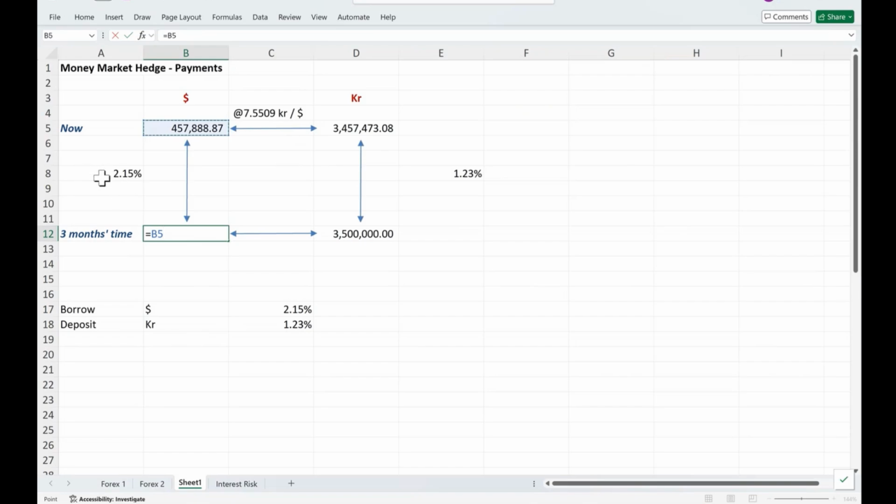Compounding means 102.15%, or 1 plus R. Simple. 102.15%, or if I don't want to use a percentage, 1.0215. Same thing. That means this loan that I have taken today, using this interest rate, after 3 months I have to pay back to the bank.